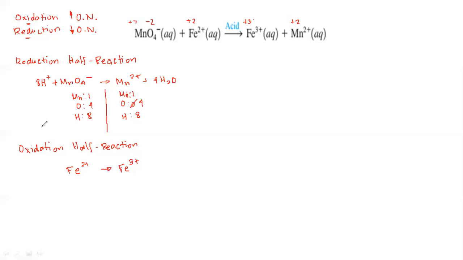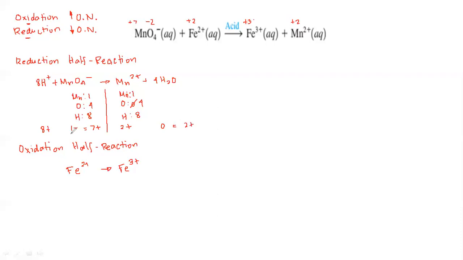For the left side, we have 8 plus for hydrogen plus, and for manganese, we have 1 minus. Therefore, the charge for the left side is 7 plus. For the right side, we have 2 plus for manganese and 0 for water. Therefore, the charge for the right side is 2 plus.